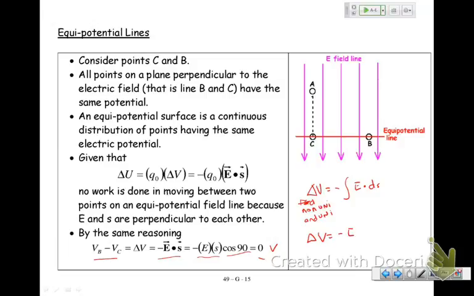We get minus E D, or minus E D cosine of the angle between, which equals minus E dotted with D. So I can talk about it in terms of vectors. I can talk about it in terms of magnitudes. And the thing I remember always is that my delta U equals Q times delta V. So I don't even need more equations for that.